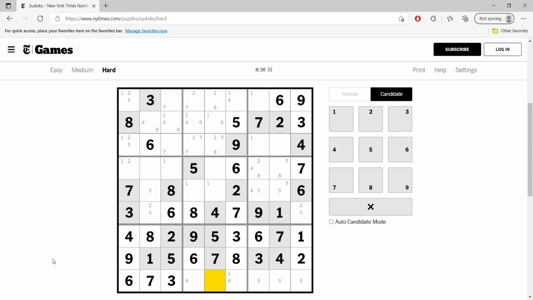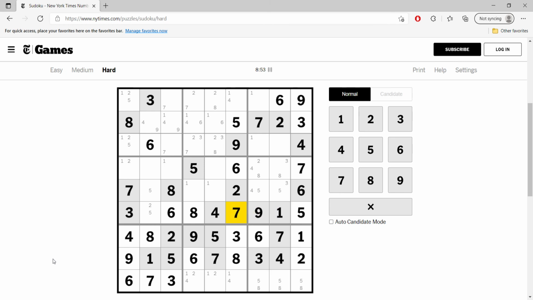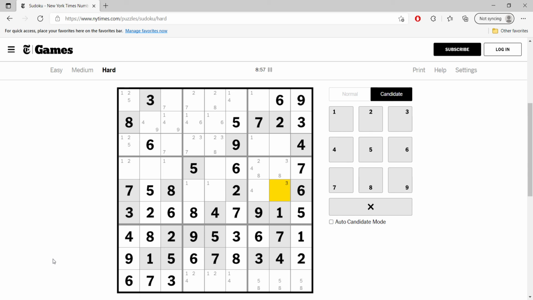So over here we know 1. We need a 2 also here. In this box, we need an 8. Okay, sorry, this is actually 5. This is 2. This is 5. This is 9.